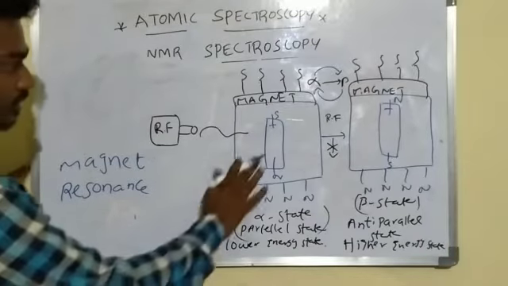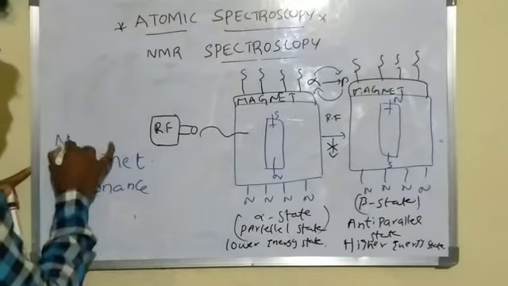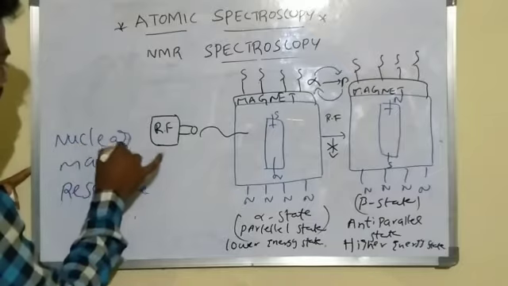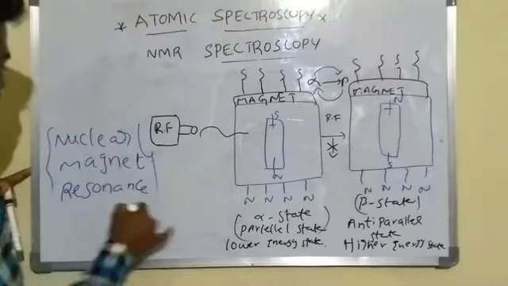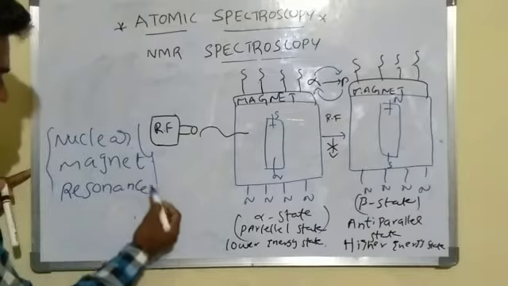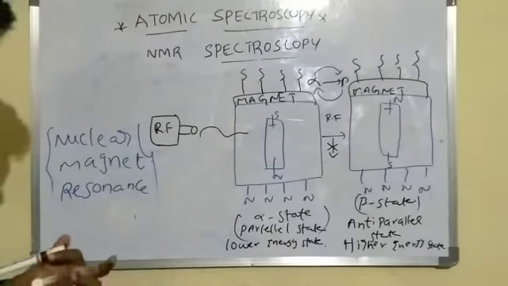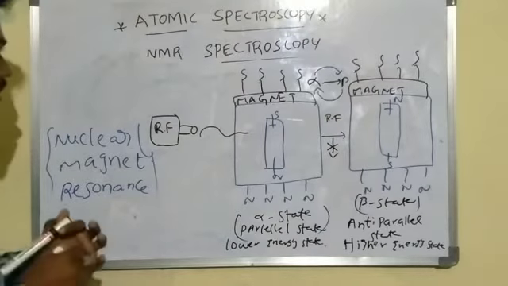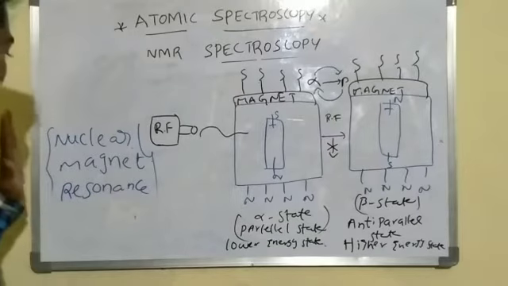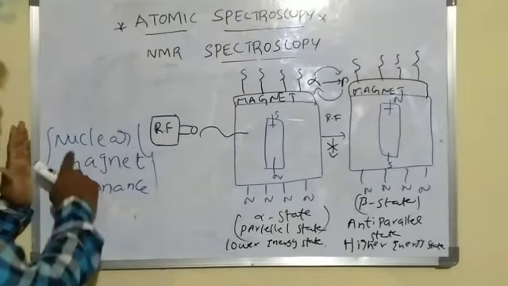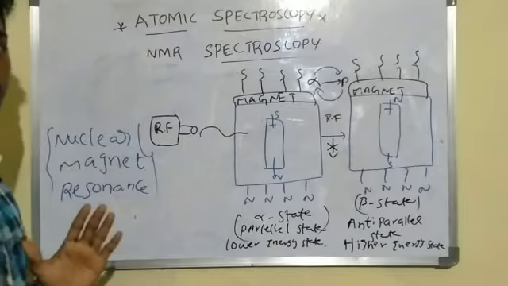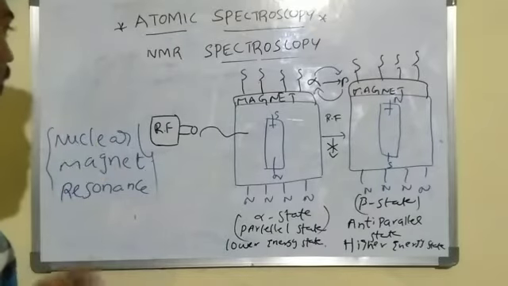The magnet is nothing but this nucleus. That is nuclear. That's why it is called nuclear magnetic resonance spectroscopy. Okay? That's why we call it nuclear magnetic resonance. You can understand?